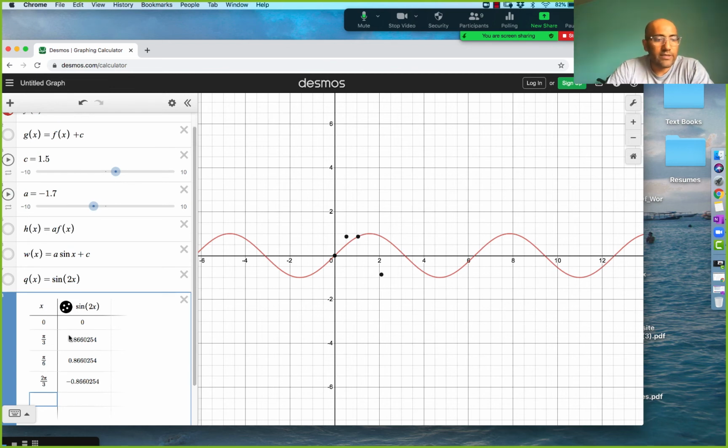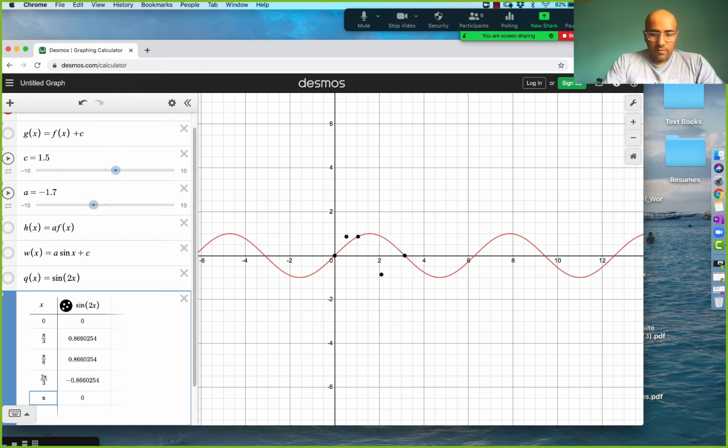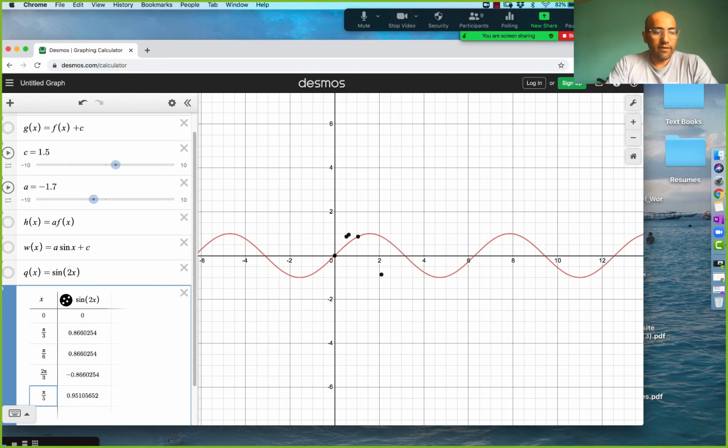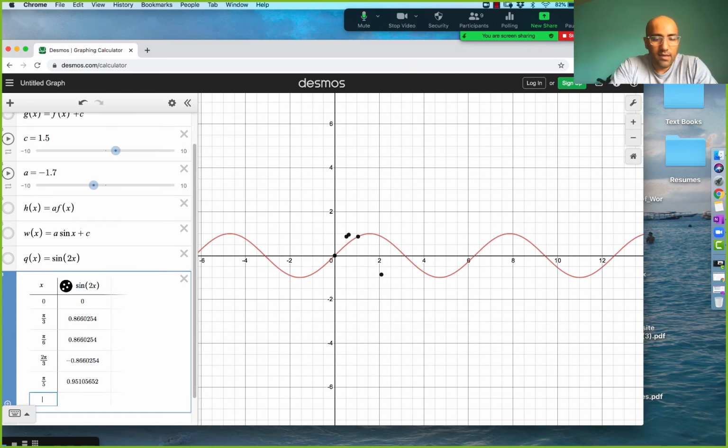Okay, so I'm tracing my results, and let's do some more pi's. Pi divided by 5, I get that.